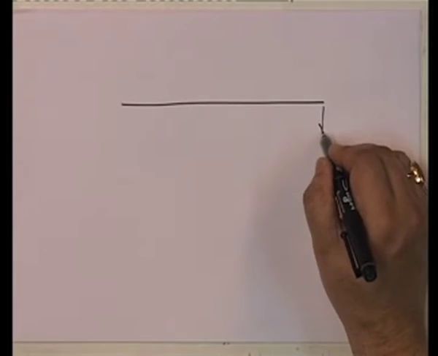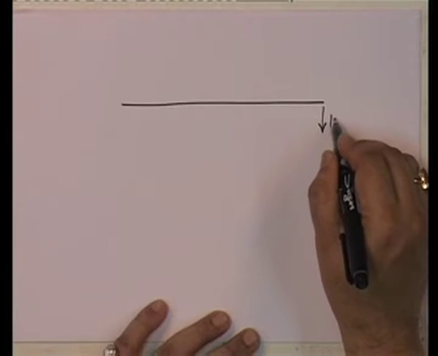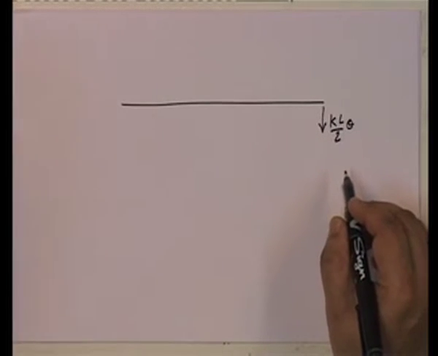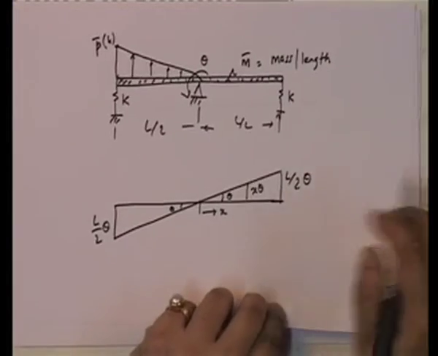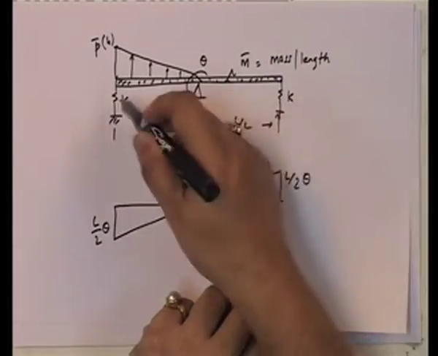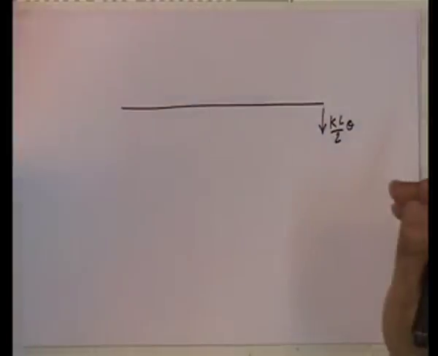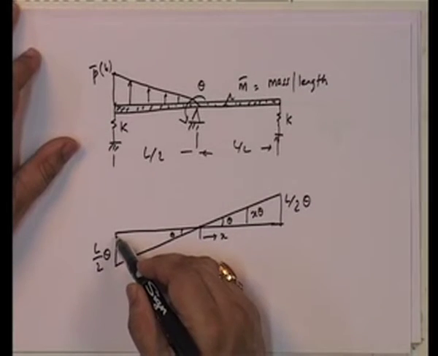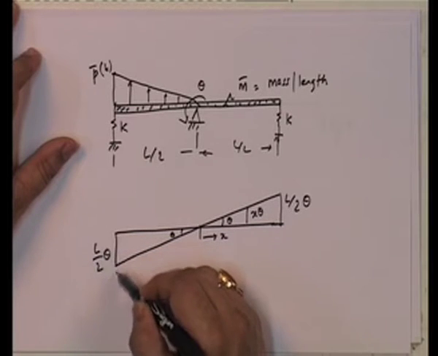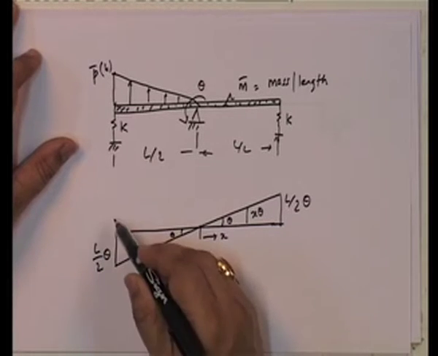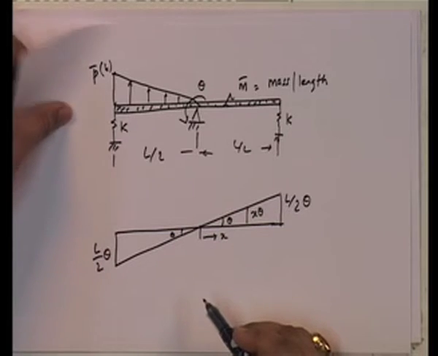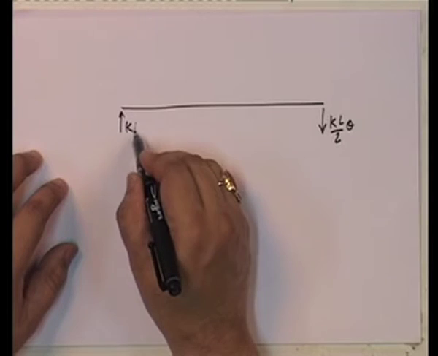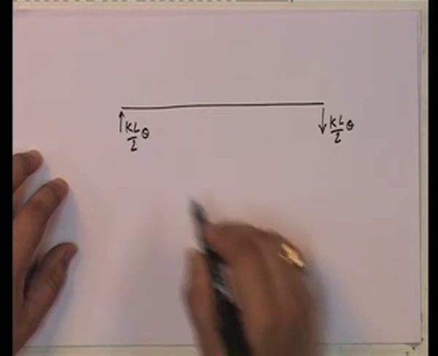So, the force is going to be equal to k L by 2 theta. Note that I have put both of them as identical springs k, k. Now, here this spring is being subjected to displacement in this direction, so it is going to oppose it in this. So, this force is going to be equal to k L by 2 theta.